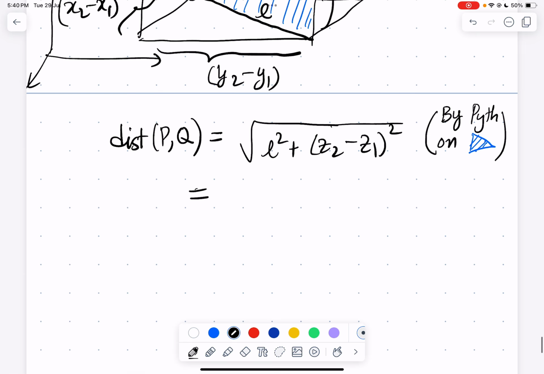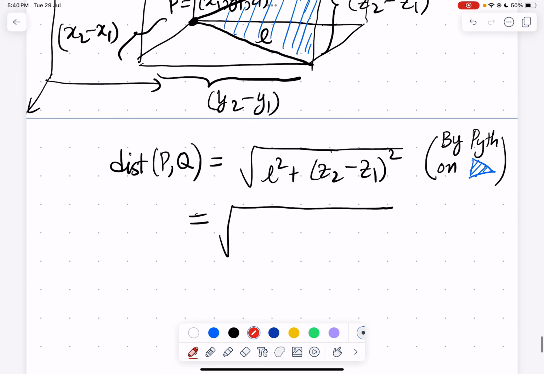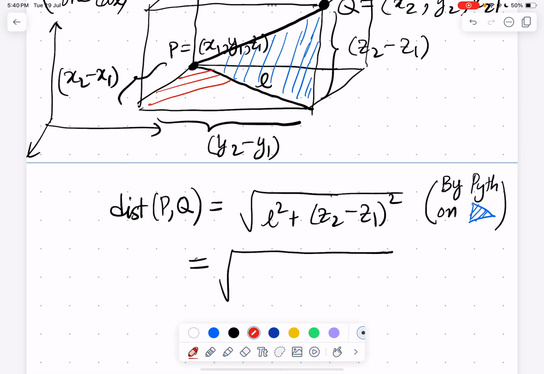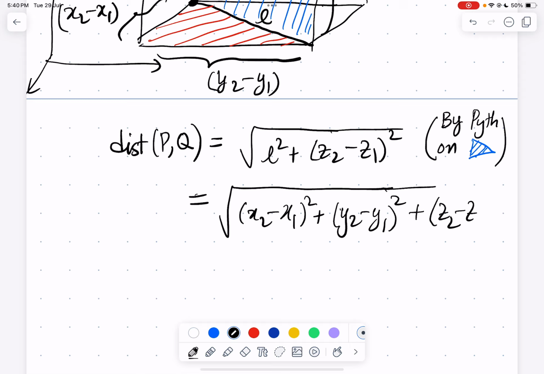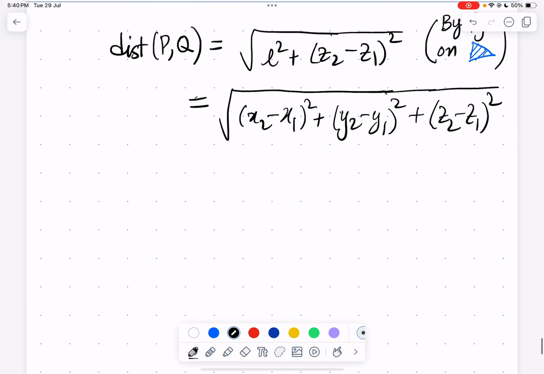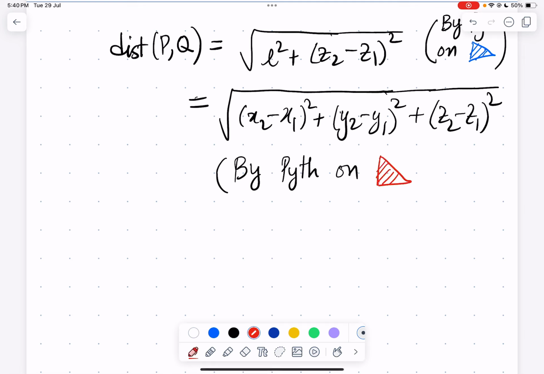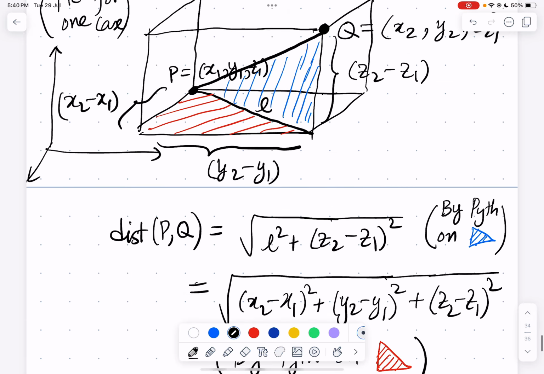But again, by Pythagoras theorem on, for example, this red triangle, which is also a right angle triangle, L square is just (x2 minus x1) square plus (y2 minus y1) square. So we have basically used Pythagoras theorem twice.